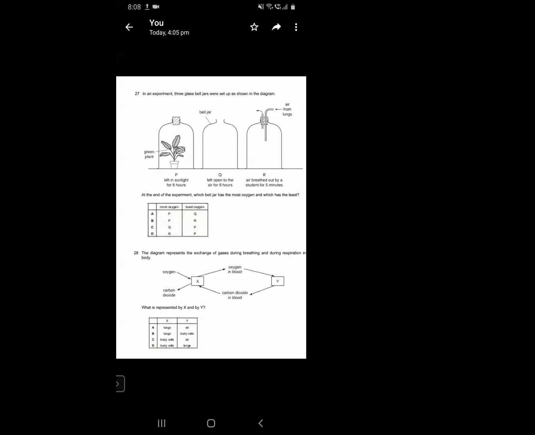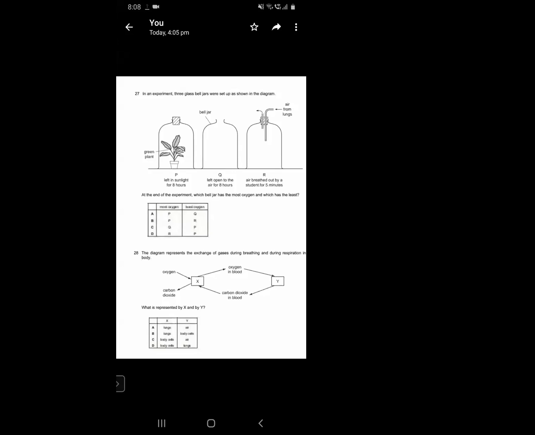No, but keep R also in mind. See, air breathed out by a student for 5 minutes. So the answer will be D. Think again, Nabil.